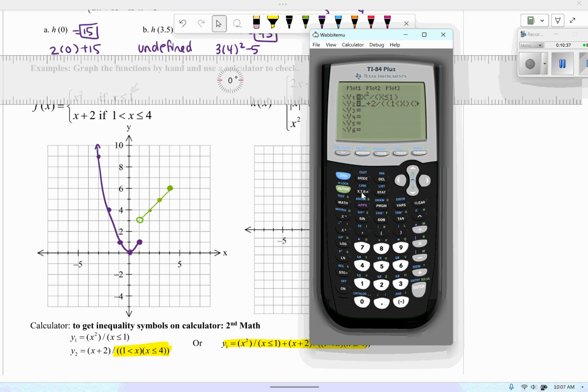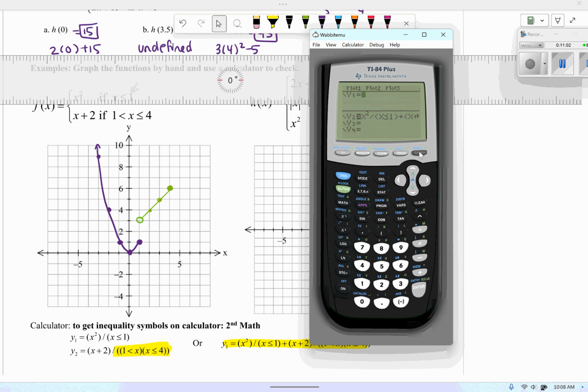So we have x squared and then the division symbol and then x values, second math, that are less than or equal to, which is number 6, 1. And then if you put a plus sign in between and then parentheses around the x plus 2, I'm going to clear this equation out.